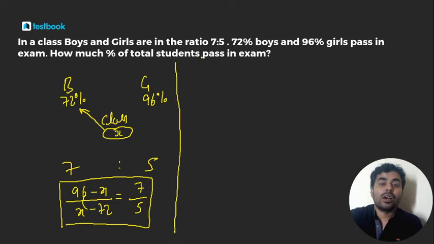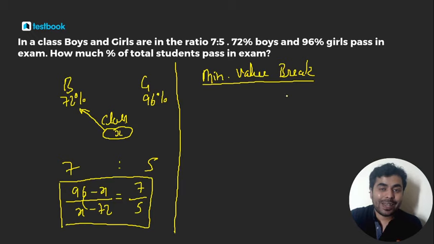Now what we will do here is try to use a concept which is of the same alligation but with a different name, that is minimum value break. This is a very good concept which you can use in such type of question where you can see the value of the mixture is missing, right? And the alligation method is becoming lengthy, right?